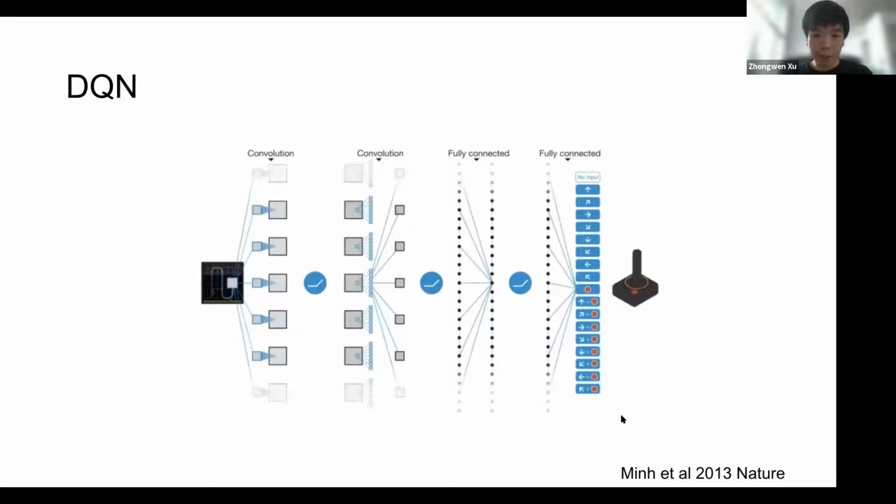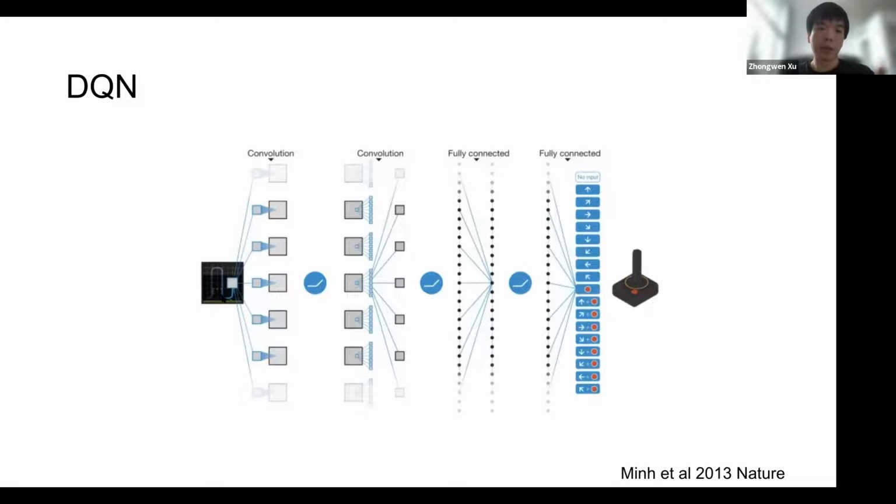Here is an illustration from the paper, which describes what the neural network really looks like. The input is the pixel screen input, and there are quite a lot of complicated wrappers to transform the original input to the input of the neural network.